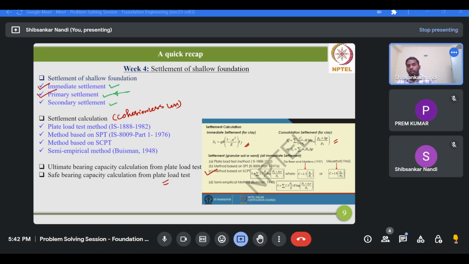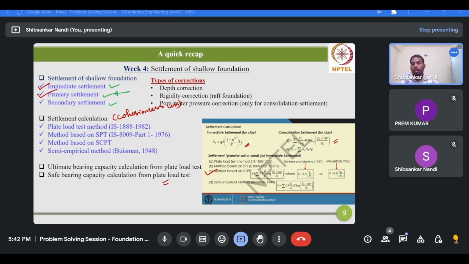And one more thing that we have learned this week is regarding different types of corrections which we have to incorporate at the end. These are depth correction, rigidity correction, and the pore water pressure correction. We should keep in mind under which circumstance we have to implement this type of correction.